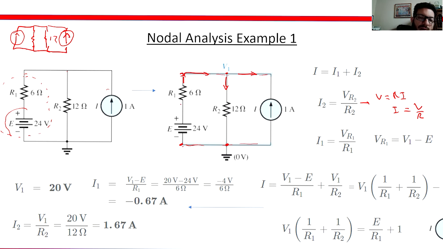Remember that the voltage through a resistor is always dropping. In theory, the voltage through just a copper wire or conductor is the same. But once you have a resistor, the voltage drops. So the voltage from the source plus the voltage drop equals V1. So in other words, we have V1 equals voltage drop plus E.